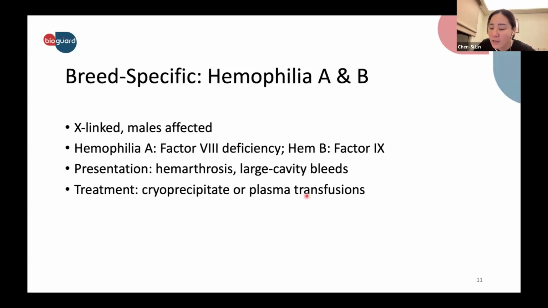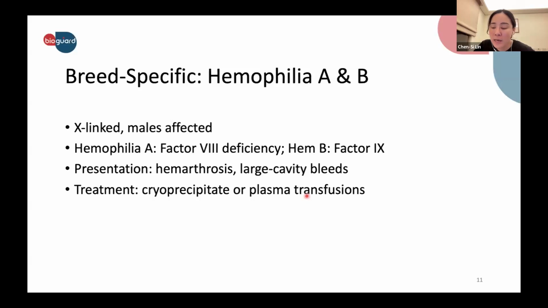These patients present typical symptoms such as hemarthrosis, which means joint bleeding, and large cavity hemorrhages, for example hemoabdomen.